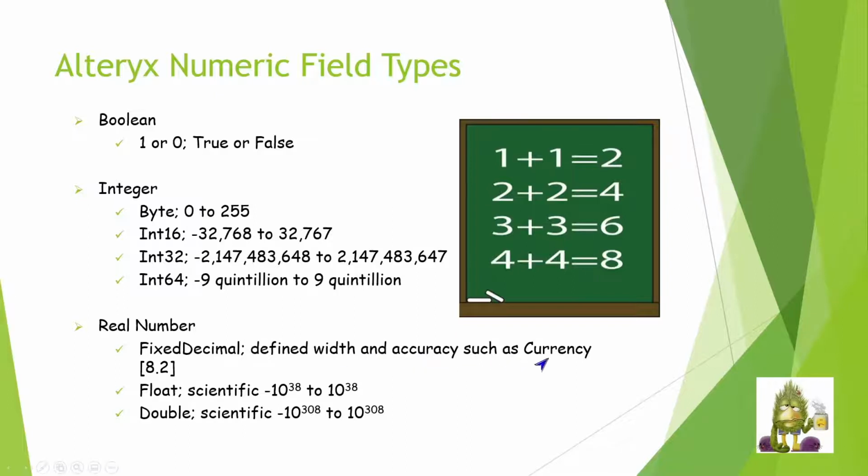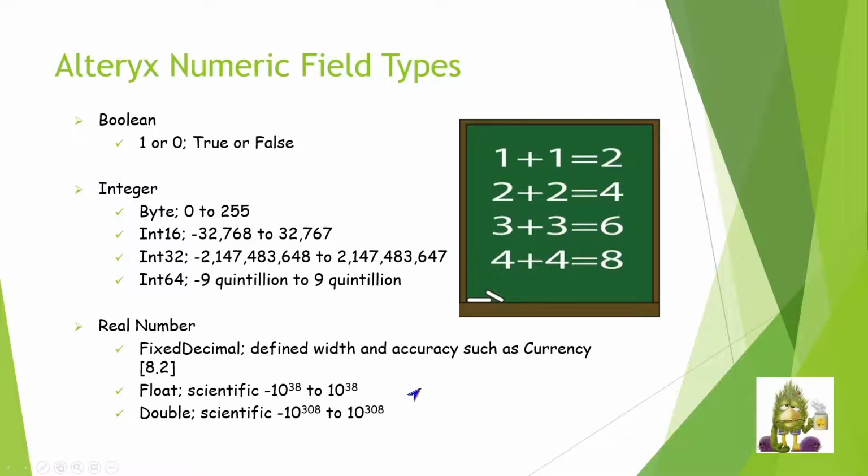For example, if I was choosing currency, I typically do it 8.2 or 10.2. 8.2 says that there are 2 digits after the decimal place, the cents, 1 space taken up by the decimal point itself, which leaves us with 5 digits before the decimal place, which is up to 99,999. I can make this number bigger or smaller depending upon the size of the data, and add or decrease the decimal places depending upon my need.